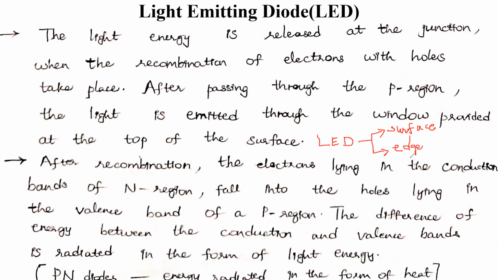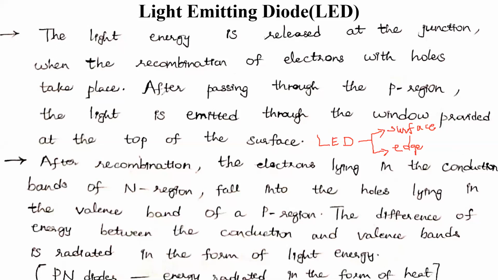In a surface emitting LED, the light is exhibited from the surface of the active layer, whereas in an edge emitting LED, I am going to acquire the light energy from the edge of the active layer. This is the basic difference between surface emitting LED and edge emitting LED.